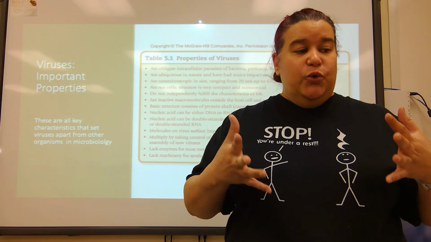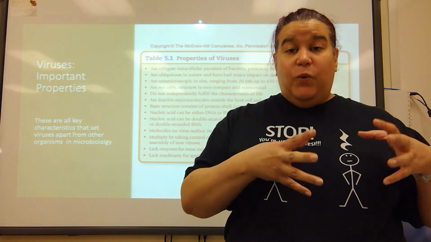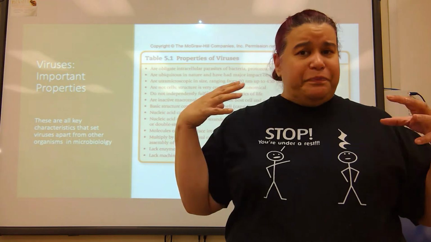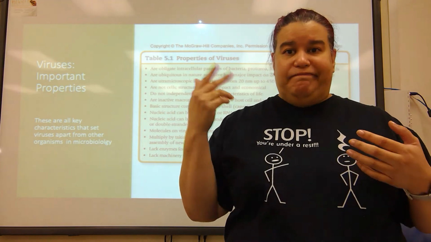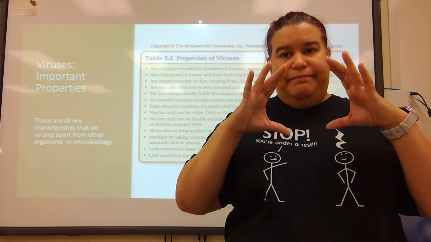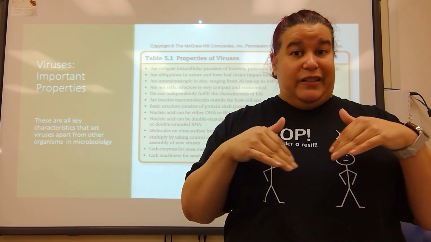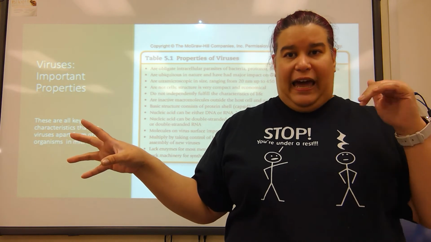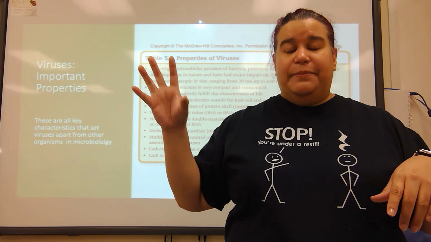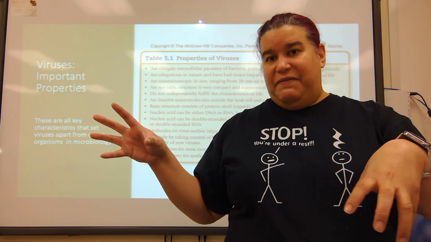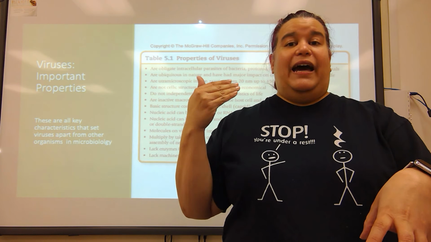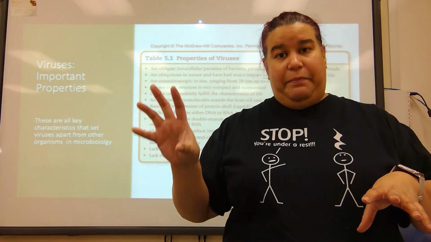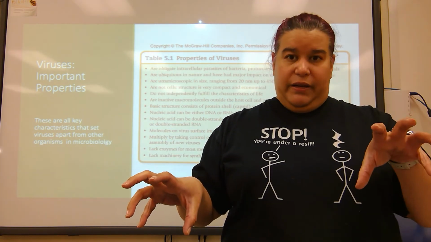So you've got the capsid, the genetic material, and the spikes on the outside. All of the other stuff, the capsid, the spike proteins, have to be made by the cell that they have invaded. So when I say I make it into a virus factory, all those parts and pieces are getting made by the cell, not the virus.